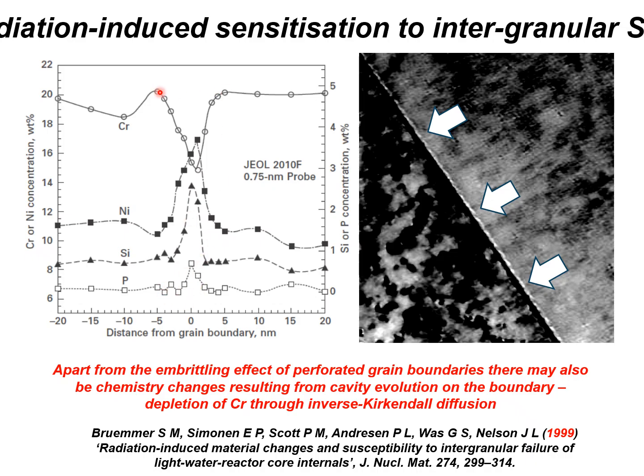Even though you get this depletion of chrome, it looks like you're getting segregation of these others, but really that is misleading, because simply by having a depletion of chrome and iron, you increase the relative concentration of the other elements.